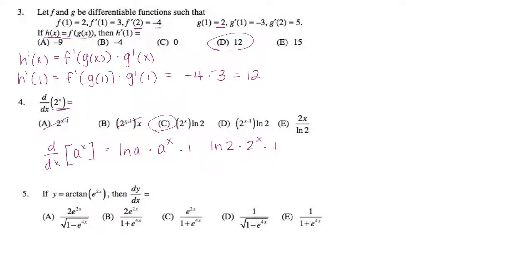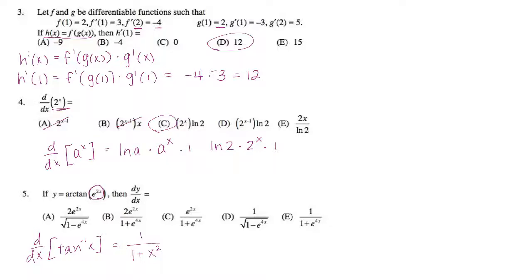And it's going to be the same for 5. If we want the derivative of the inverse of tangent, or arctan, inverse tan, then that's going to be 1 over 1 plus x squared. So notice that in place of x squared, though, we have an e to the 2x.